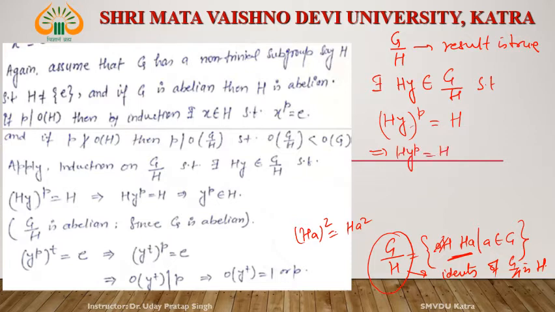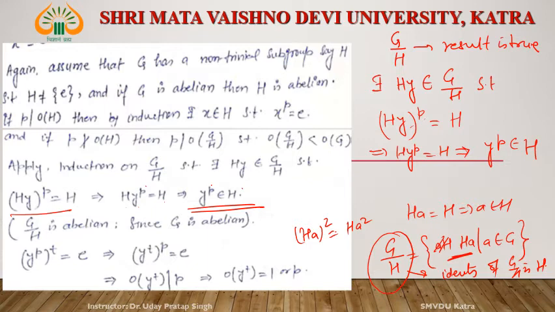It is H y^p equal to H, and we also know that Ha is equal to H implies that a belongs to H. This implies that y^p belongs to H, right?